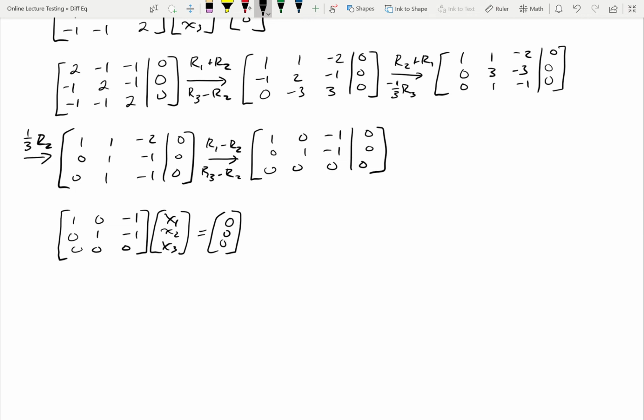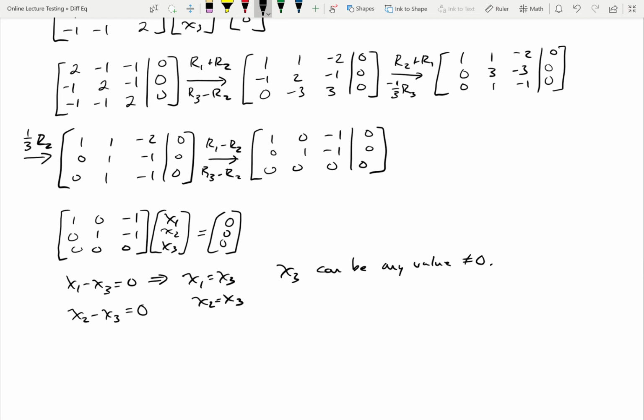All right, so that means x1 minus x3 is equal to 0, and x2 minus x3 is equal to 0. So another way to state that is x1 is equal to x3, and x2 is equal to x3, and x3 can be any value not equal to 0.